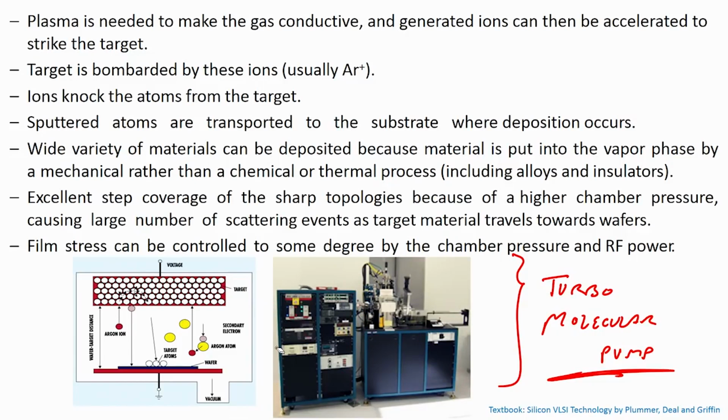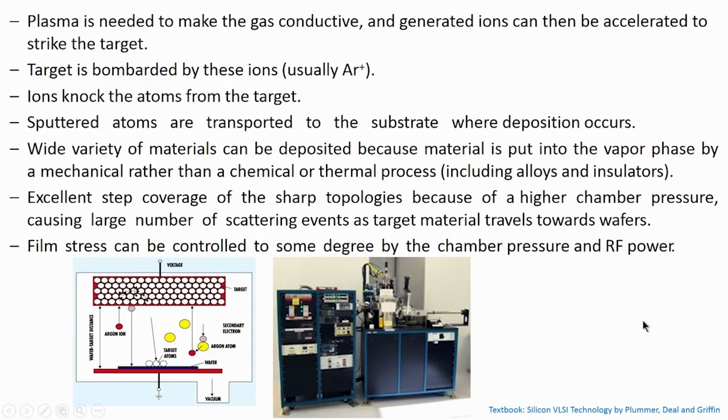and then there is an RF source or DC source, depending on whether it is RF sputtering or DC sputtering. You have to load your source, which is a plate, onto the source holder like this. This is your material, alright.